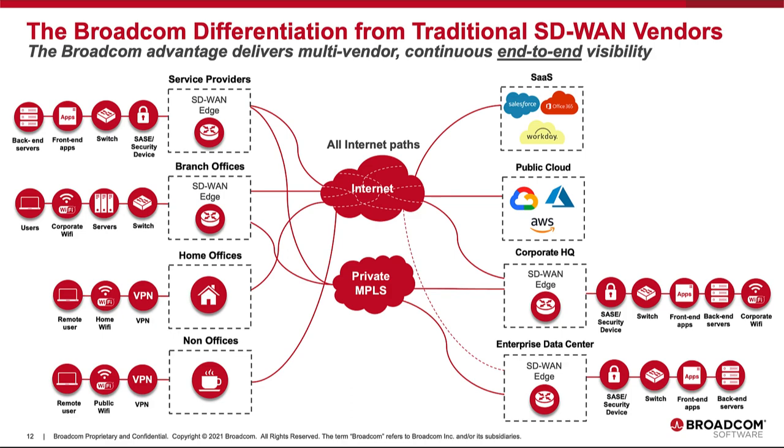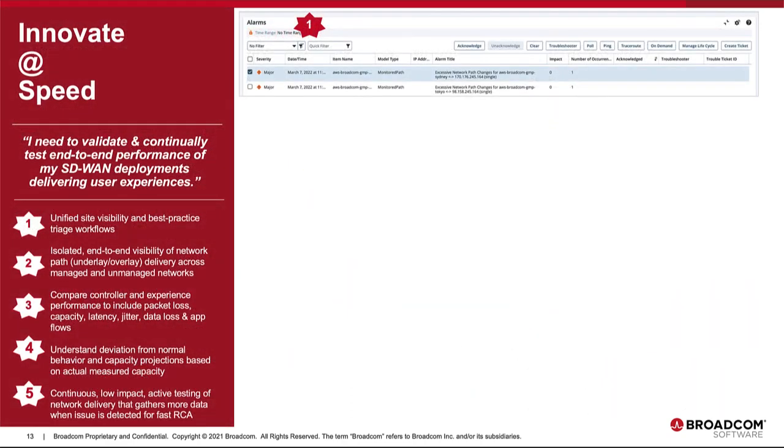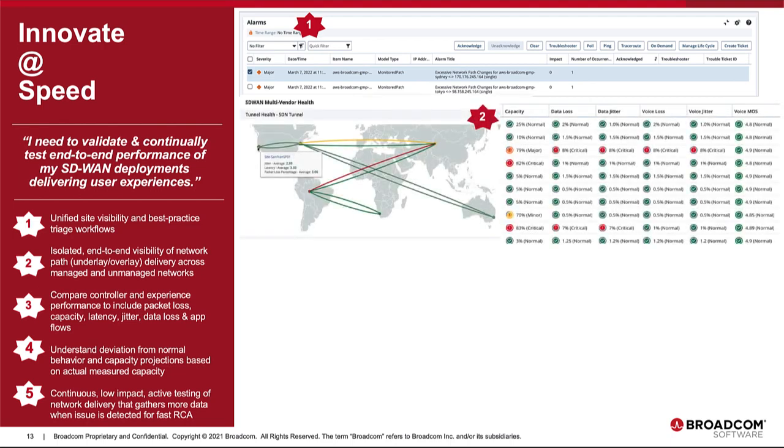And that type of functionality and capabilities results in these types of use cases and workflows. So being able to validate and continually test end-to-end performance of new SD-WAN deployments that are delivering critical user experiences. As standard operating procedures inside of network operations today dictate, you start with an alarm. From that alarm, you easily are able to understand the health of the entire network path over SD-WAN.